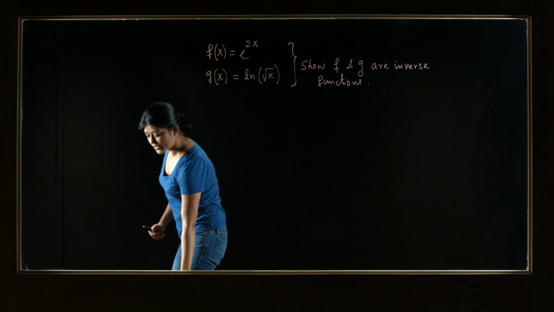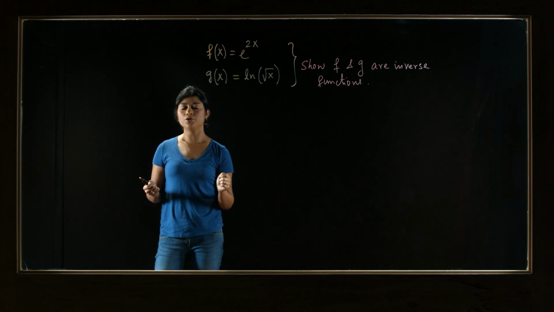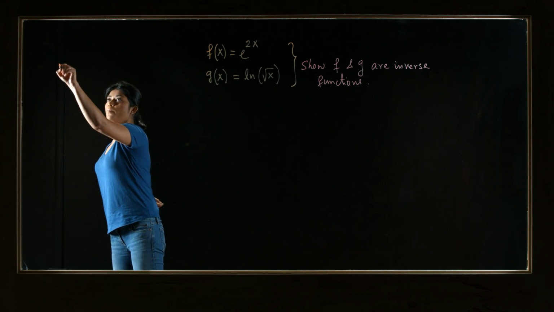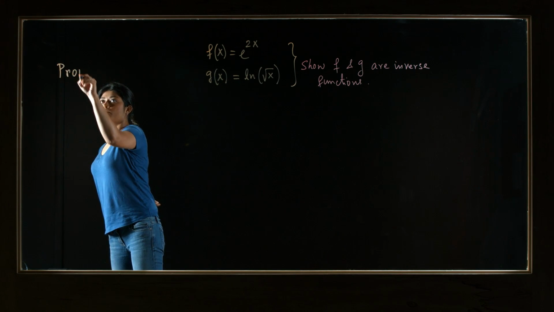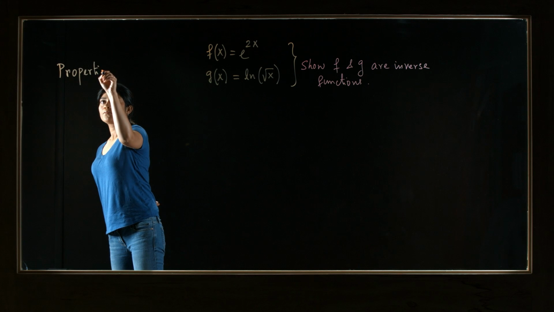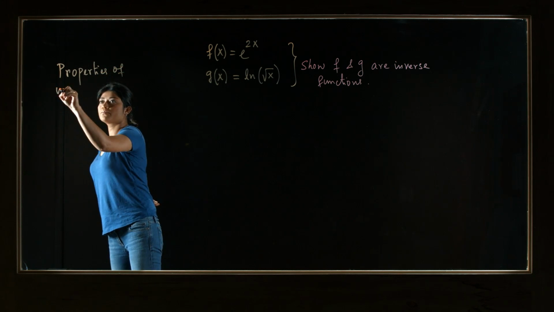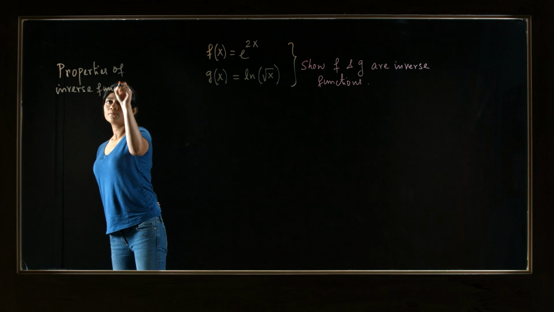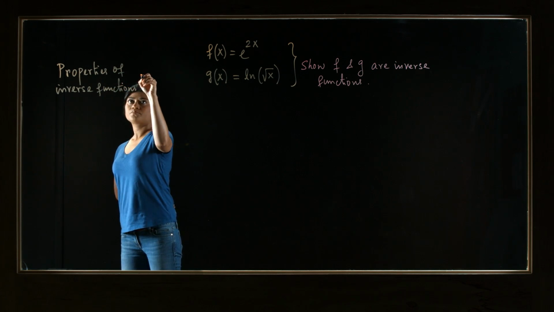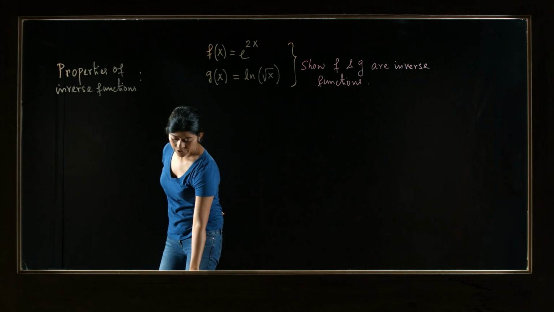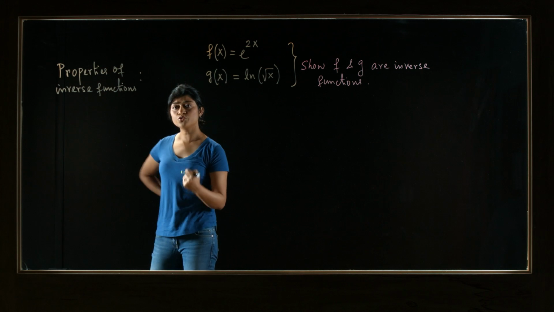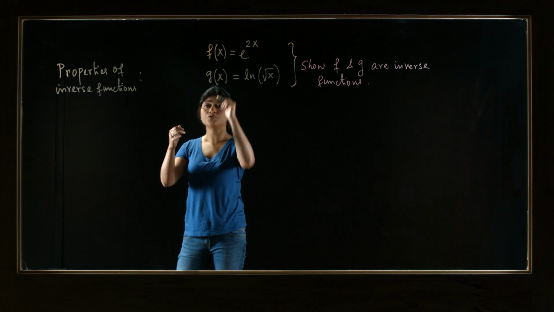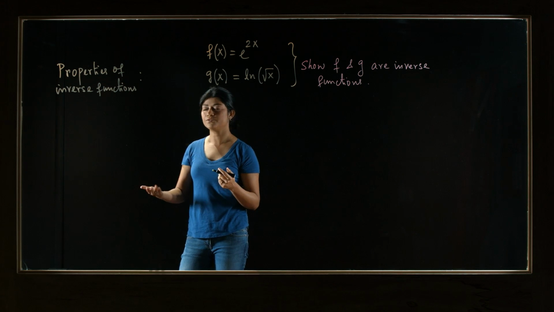All right, so let's recall, how do we show that two functions are inverse to each other? How about properties of inverse functions? Recall further that usually, given a function f, we call its inverse f to the power -1, or f inverse.